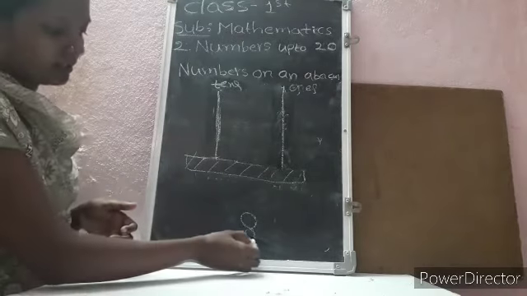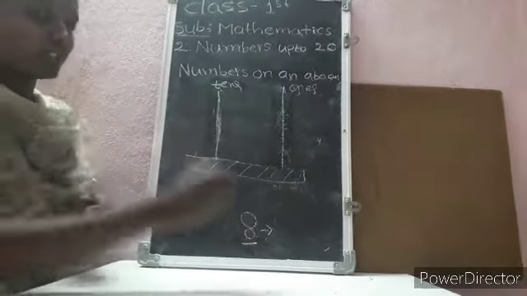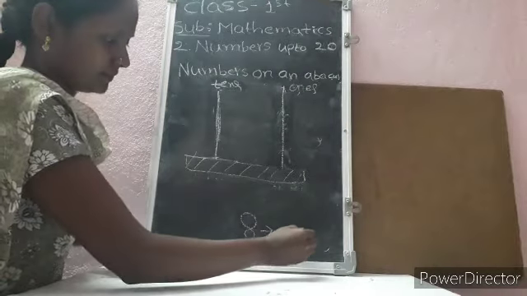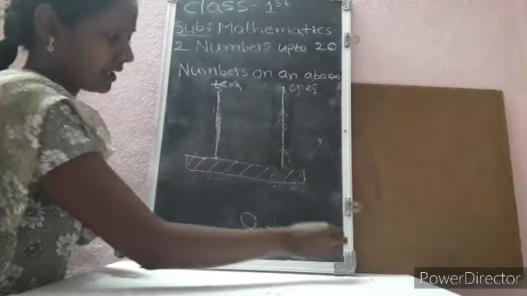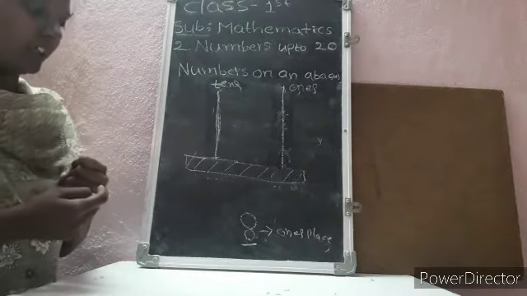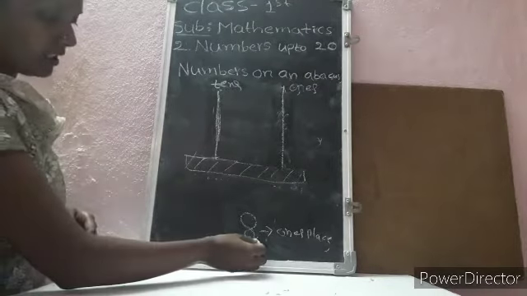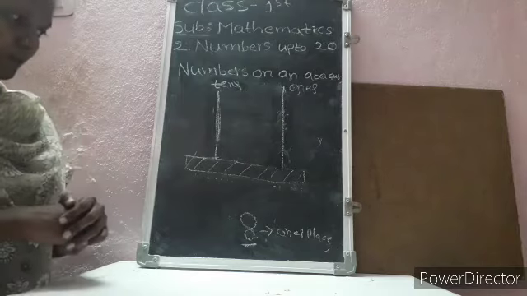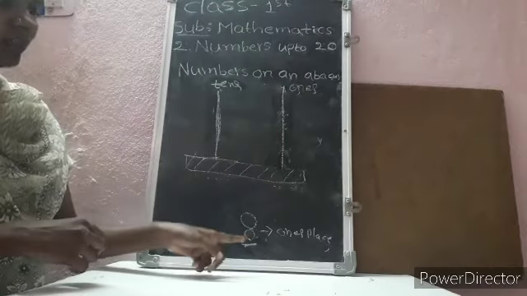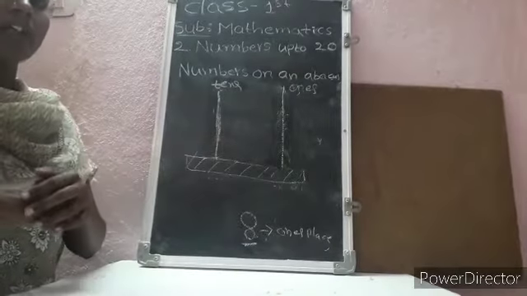Any single digit, from 0 to 9, is placed in the ones place. So here 8 is in the ones place. So this is the ones spike. Now we draw 8 beads on the ones spike.